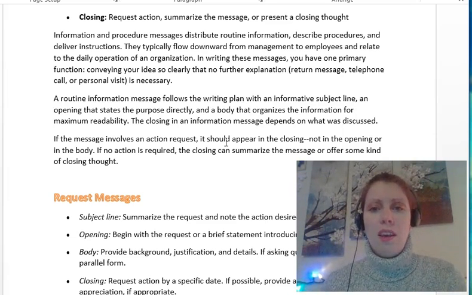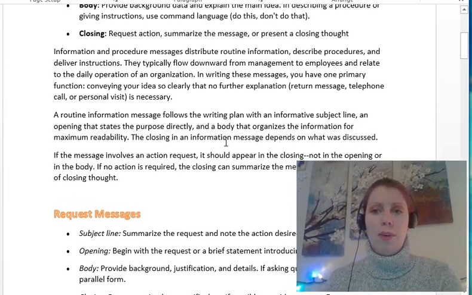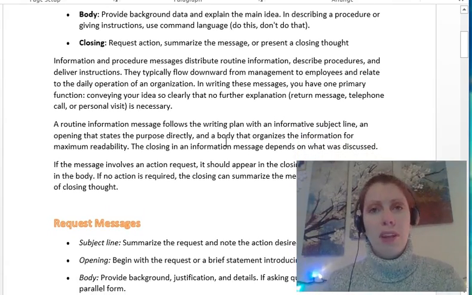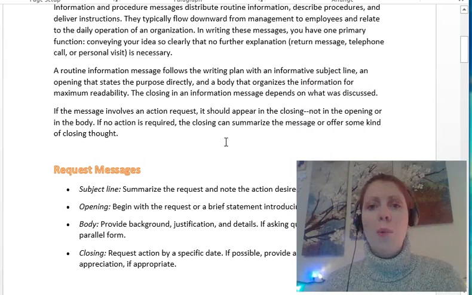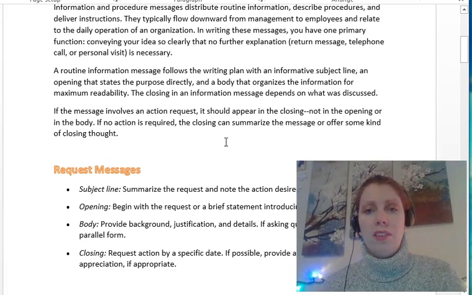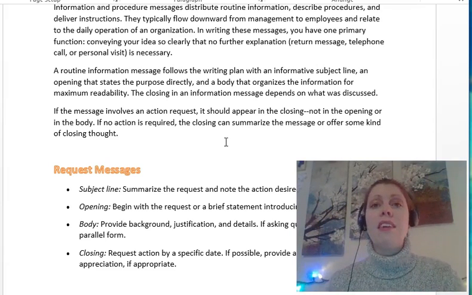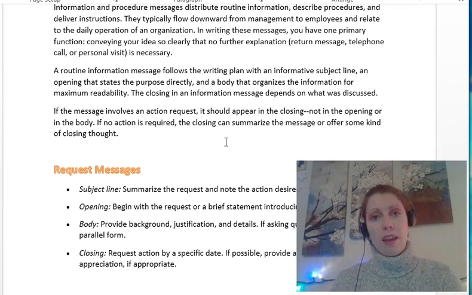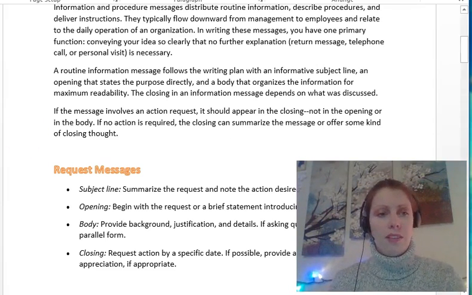A routine information message follows the writing plan that I showed above, with an informative subject line, an opening that states the purpose directly, and a body that organizes the information for maximum readability. The closing in an information message depends on what was discussed in it.